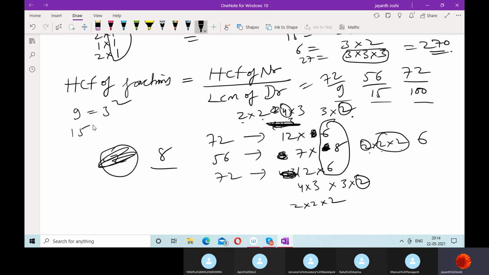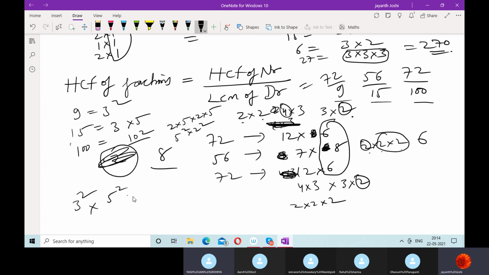So 9, 3 square, 15, 3 into 5, 100. It's again 20 into 5, or I can write it like 10 square. So 3 square is the biggest factor. This 10 square I can also write as 2 into 5 into 2 into 5, so 5 square into 2 square.